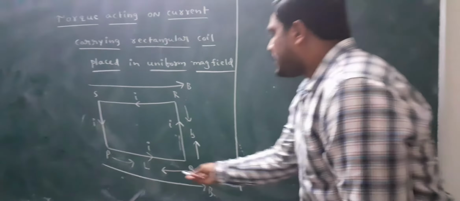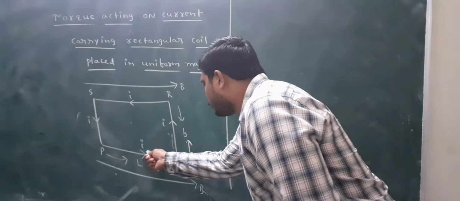In this situation, a current wire is placed in a magnetic field. According to the law, there will be a force acting on the loop.